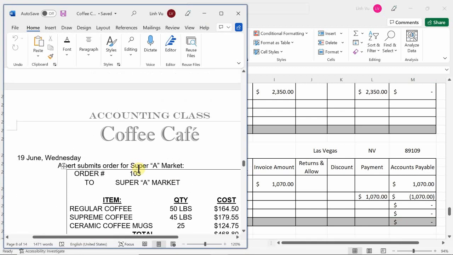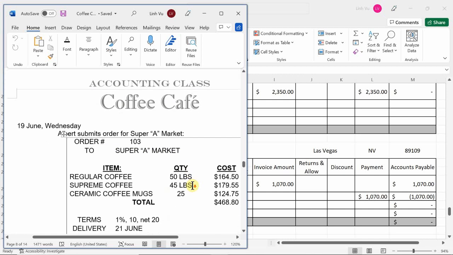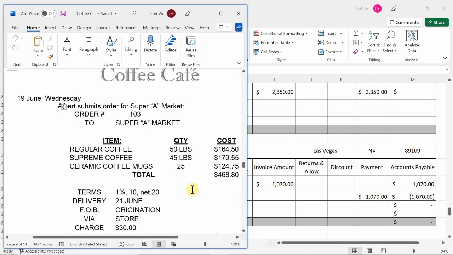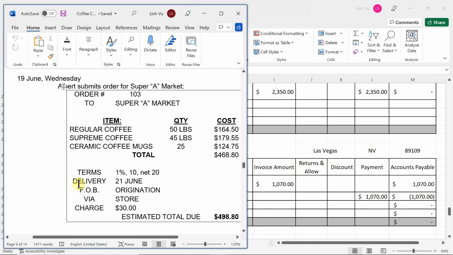Next transaction. It is now June 19, Wednesday. Albert submits another order for Super A Market, and this is what they want. They wanted 50 pounds of Supreme regular coffee, 45 pounds of Supreme coffee, 25 coffee mugs, and let's see, we're going to charge shipping. When is it due?